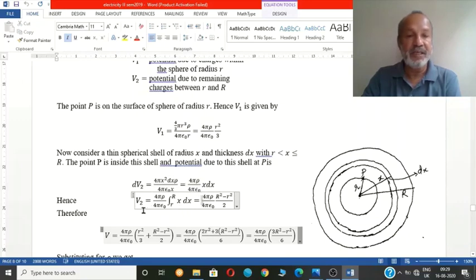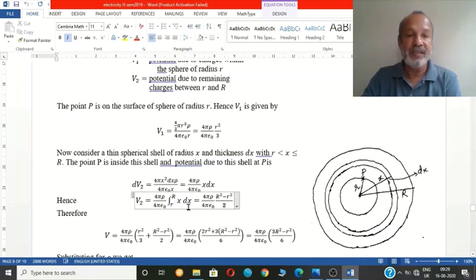So the total potential due to all the charges between small r and capital R will be obtained by integrating from small r to capital R. Constants we have taken outside.